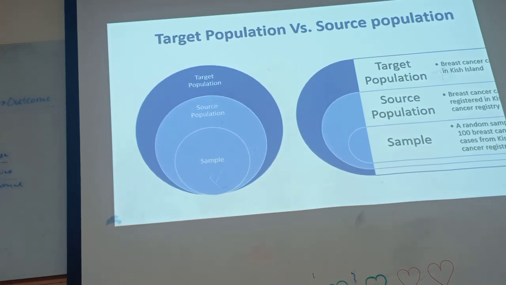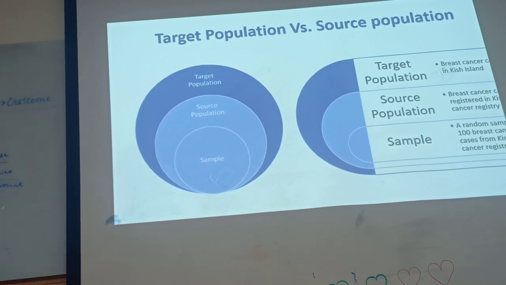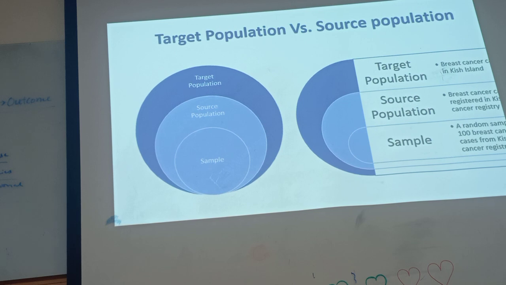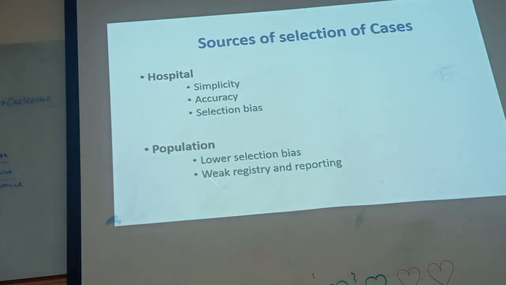So, in our sampling for case control studies, when we are selecting cases to be included in our case control study, we should make sure that the source population and the target population are the same. Okay?